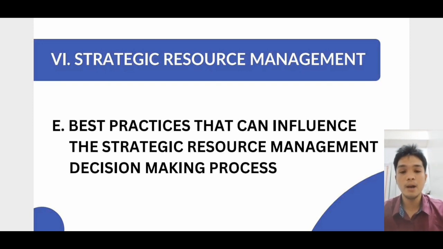Next is account for non-billable time. Not all time spent by resources directly contributes to revenue-generating activities. Some time may be allocated for training, administrative work, or non-billable tasks. So it is essential to account for and manage those as well.